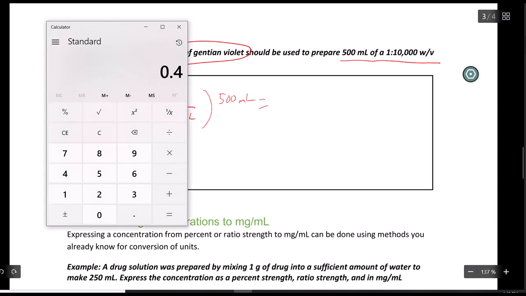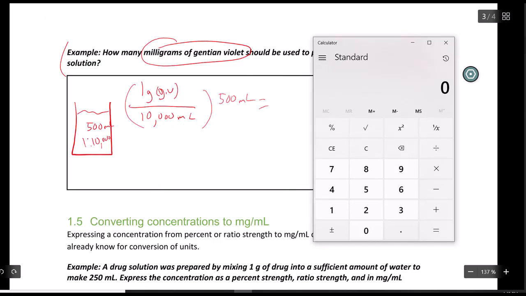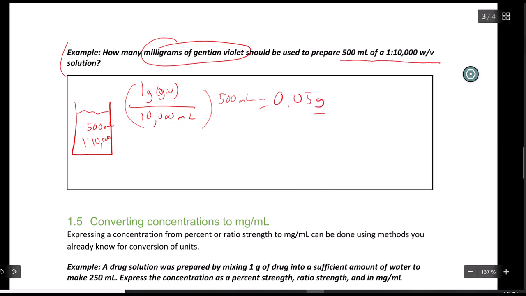So you know that there's 1 gram of gentian violet for every 10,000 mLs, we want to do 500 mLs. We need 0.05 grams. Now this is where units come into play. This is the answer in grams, but the question is stating how many milligrams is that? Well, if we move over 3 units to the right, we'll get 50 milligrams.